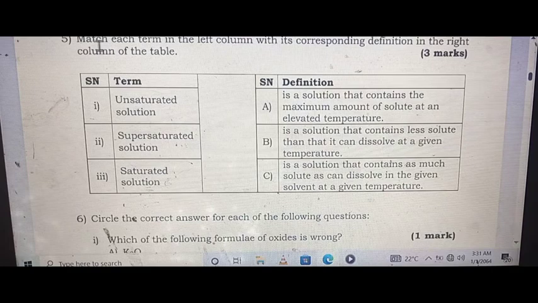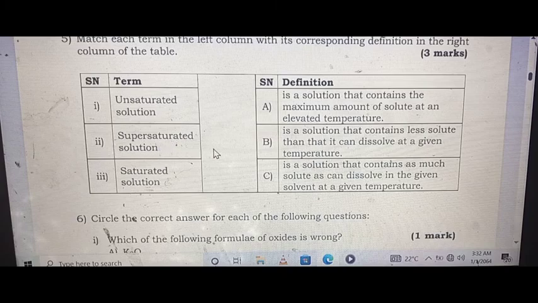Question 5. Match each term in the left column with its corresponding definition in the right column of the table. We have terms and definitions. 1, an unsaturated solution. Match to B, a solution that contains less solute than it can dissolve at a given temperature. 2, supersaturated solution.